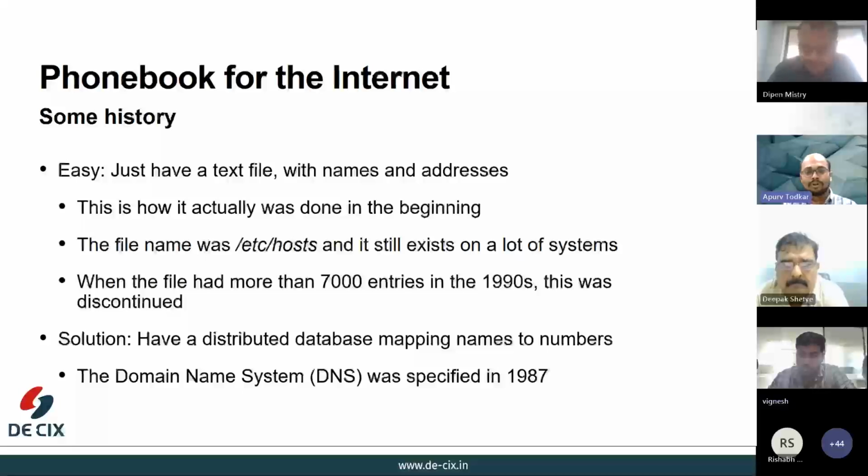So what do you do if a single text file is not enough for you? You obviously use a database. In this case, it's a distributed database, which came to be called the domain name system. The DNS officially was specified in 1987, making it a cornerstone for the internet for decades to come.